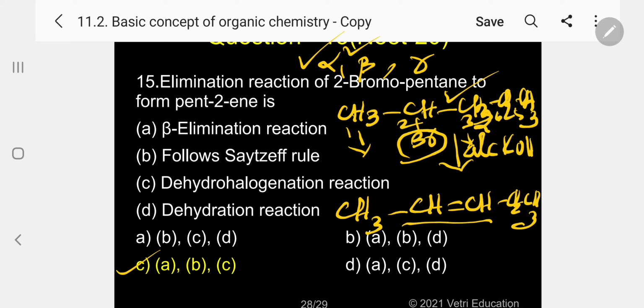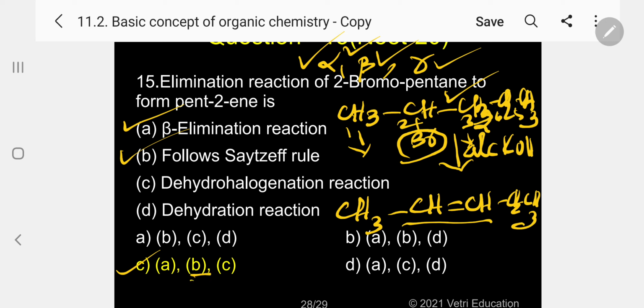Beta means from the adjacent carbon atom, 1-2 carbon atoms. If it is 1-3 or 1-4, it is gamma. So this is from 2 and 3, adjacent carbon atoms, so it is beta elimination. So A is correct.